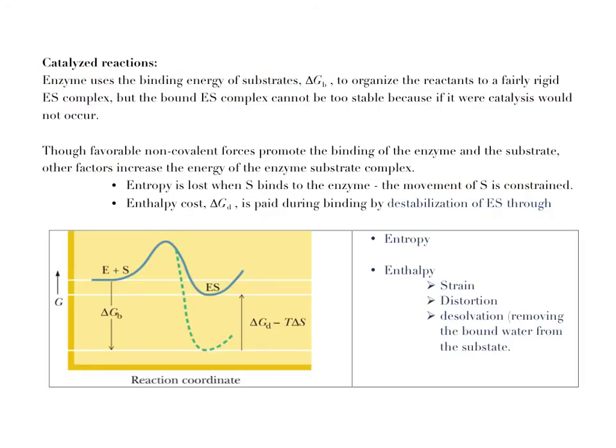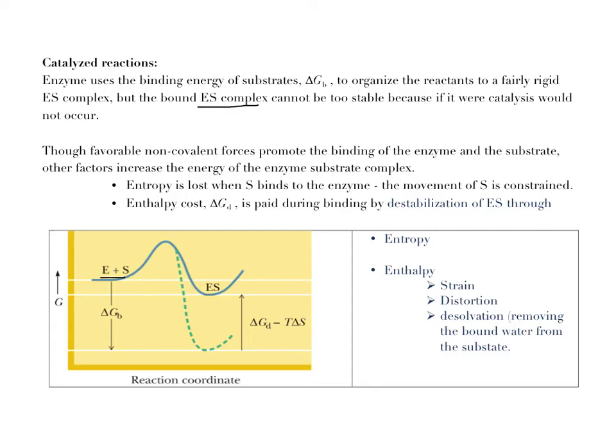Let's talk about formation of this ES complex. Last week we emphasized binding, which occurs when the enzyme and the substrate come together to form the bound complex in the active site of the enzyme.